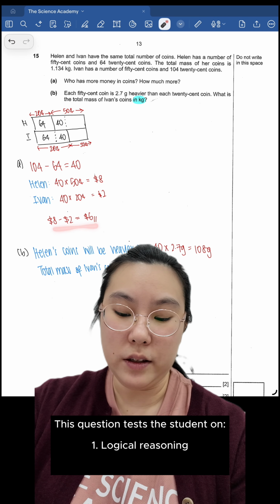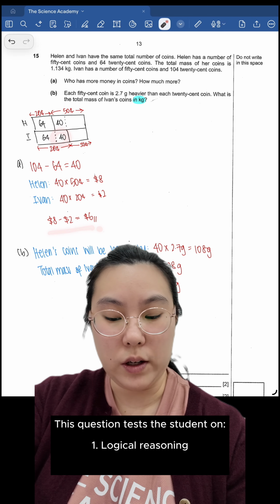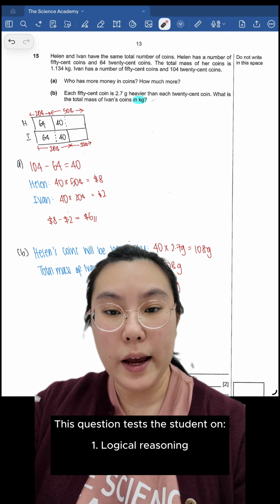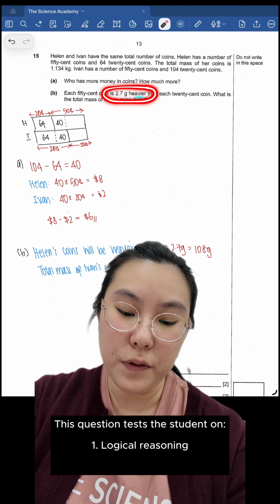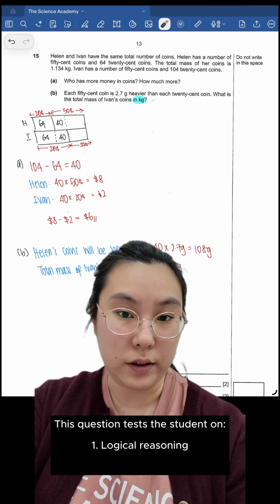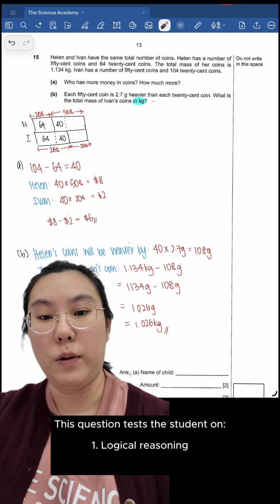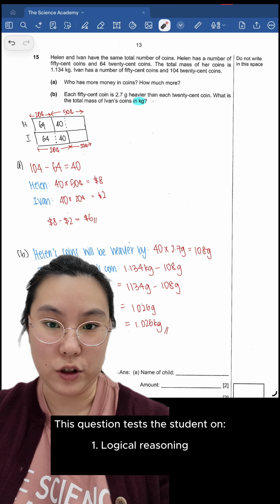The first one is a difference in value, understanding that 40 50-cent coins and 40 20-cent coins have different values, and as well as an understanding of difference in mass, again, comes only from these 40 coins. So if students are not able to make that logical reasoning, it is thus going to be very challenging for them to attempt this question.